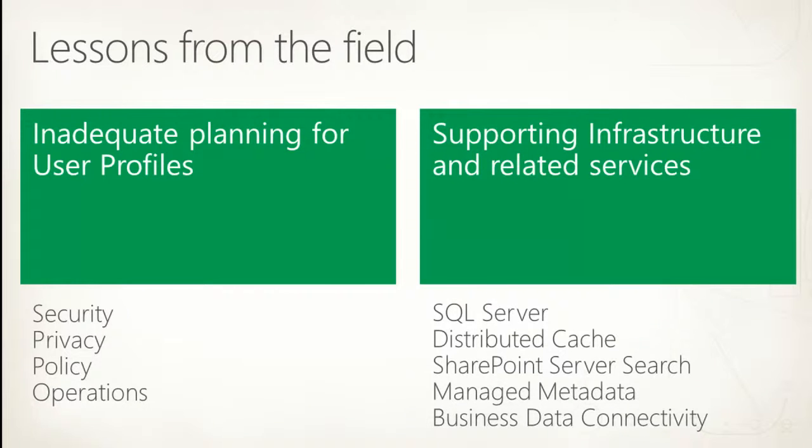So there's quite a lot to think about here. There are trade-offs between each of these. Certainly things like search, they're a very complex beast in their own right, and we're adding that into this equation. So it's very important that we have that holistic view of the deployment rather than just focusing in on synchronizing profiles.